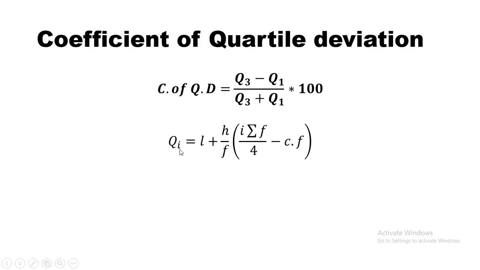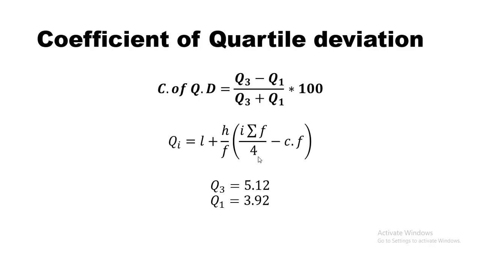We need to find quartile 1 and quartile 3, the lower and upper quartiles. We substitute 1 in the position of i to find the first quartile, and 3 to find the third quartile, so 3 times summation f by 4 and 1 times summation f by 4.